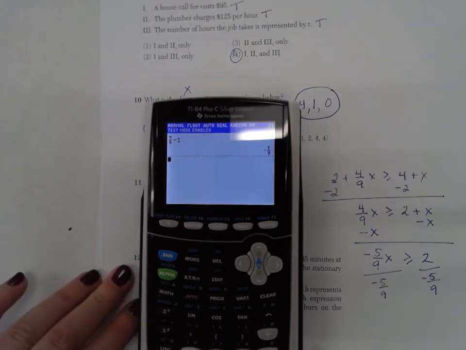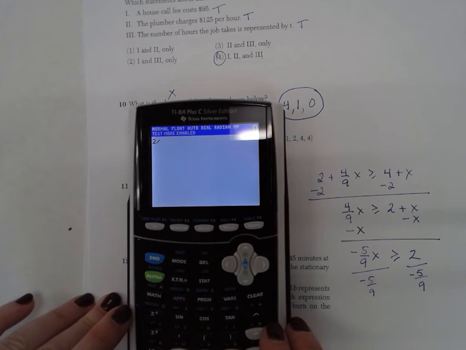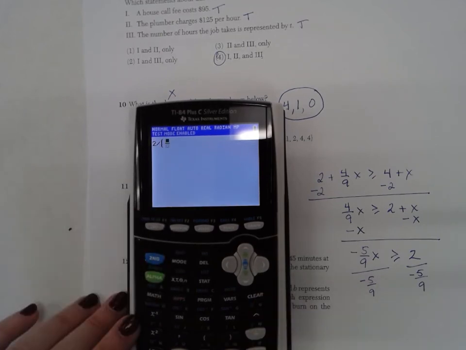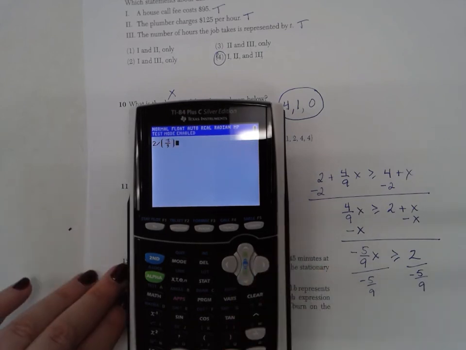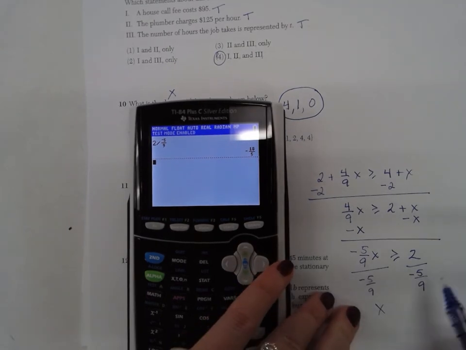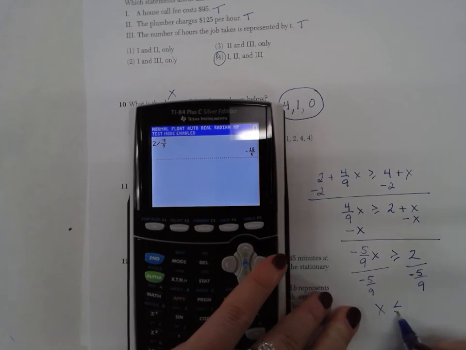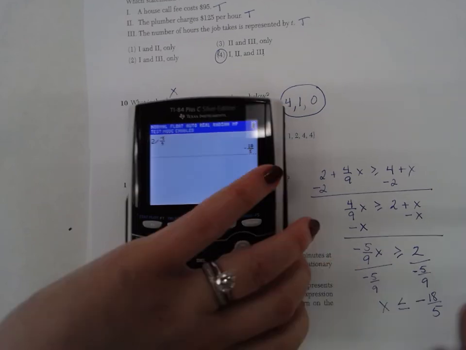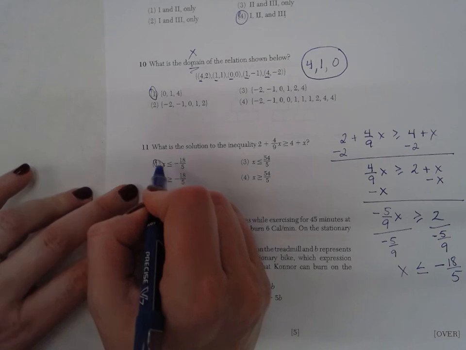So on my calculator, 2 divided by, and then in parentheses, I'll put my fraction, negative 5 over 9. And what do I get? Let's see here. Now I just divided by a negative number, so I have to flip my inequality, and I've got x less than or equal to negative 18 over 5. Let's see if we can find that. Choice 1. There you go.